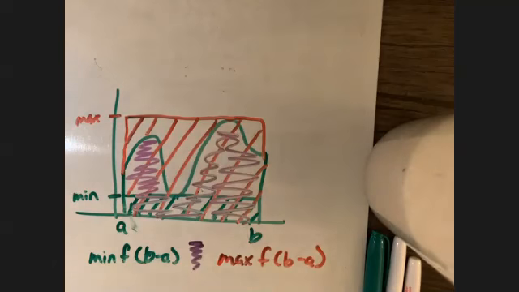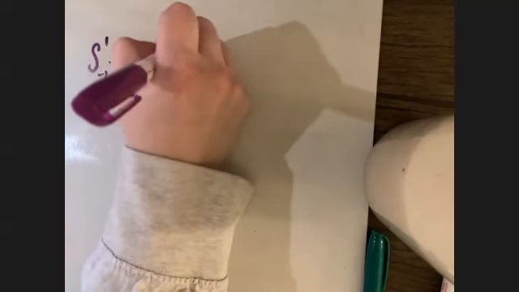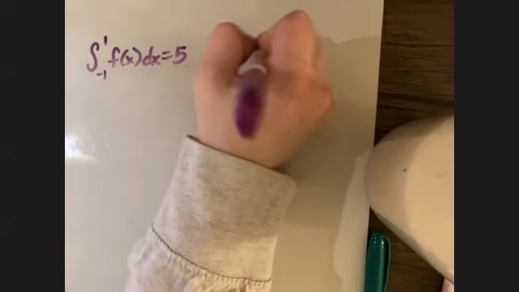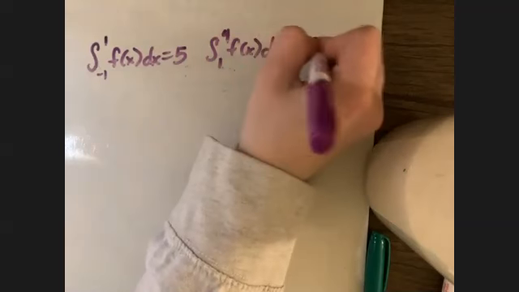Now we're going to take a look at a couple of these rules in setup and see how they work. These are just some things that they're telling us. The integral from -1 to 1 of f of x dx is 5. The integral from 1 to 4 of f of x dx is -2.